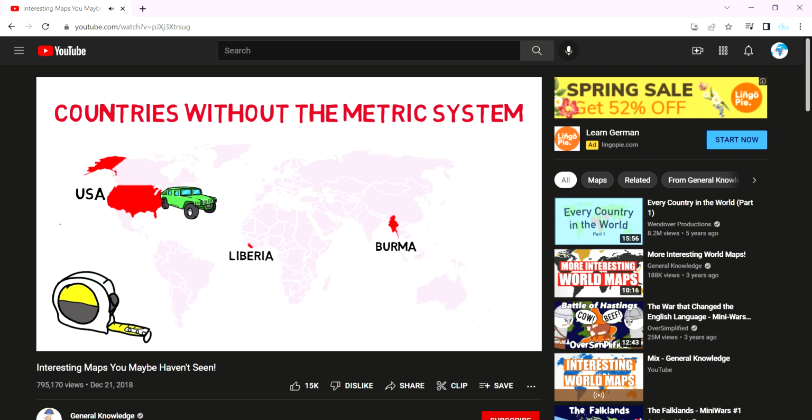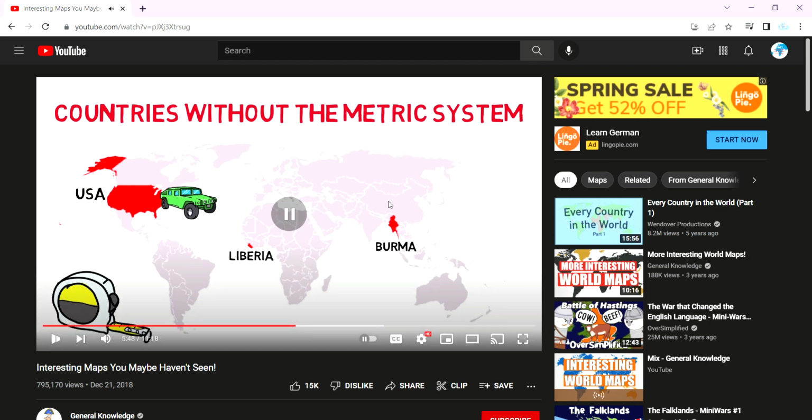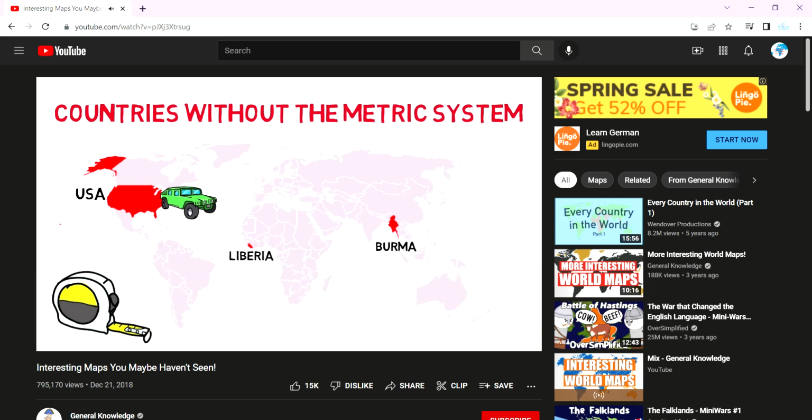I think the US also uses it in the scientific community. In science, we usually use millimeters, centimeters, and stuff like that instead of inches. Both Burma and Liberia have said to have been taking steps to fully implement the metric system as their definitive measuring system.